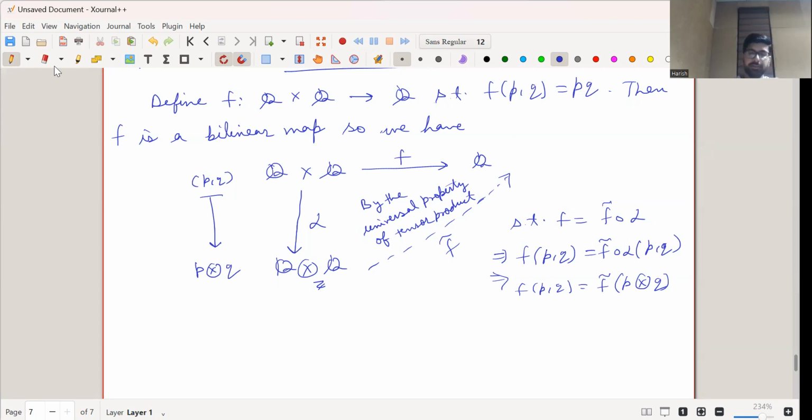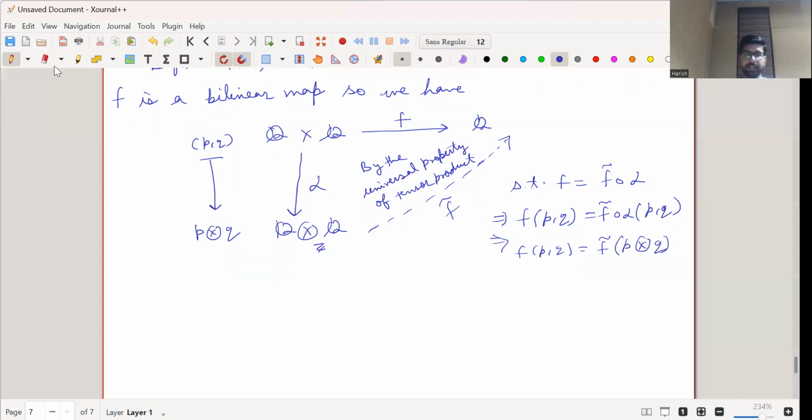Now this is the map that we get by the universal property, and it is a Z linear map.